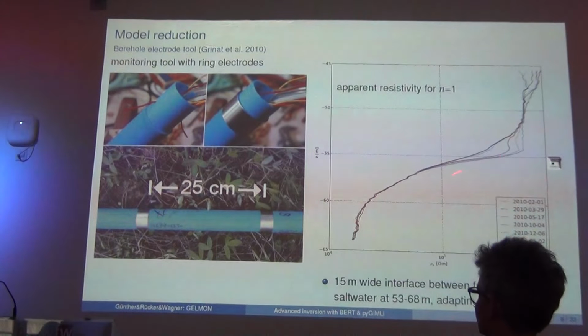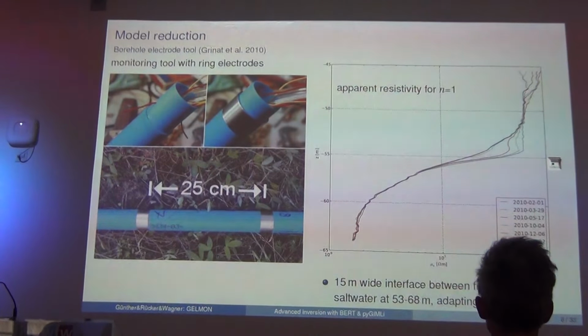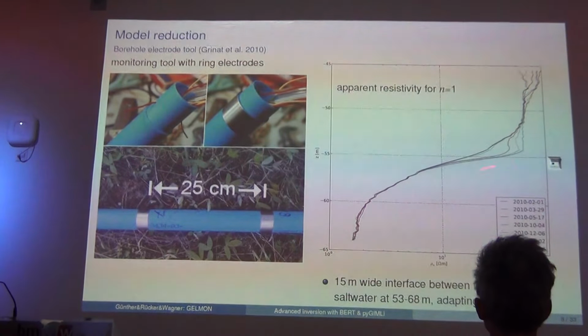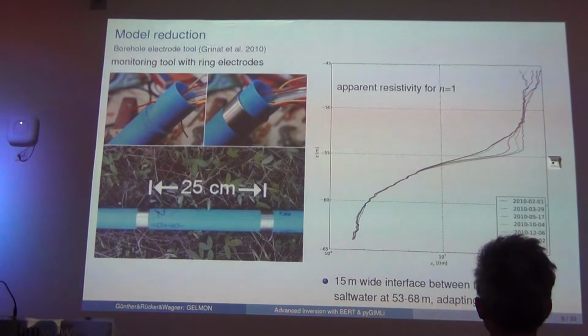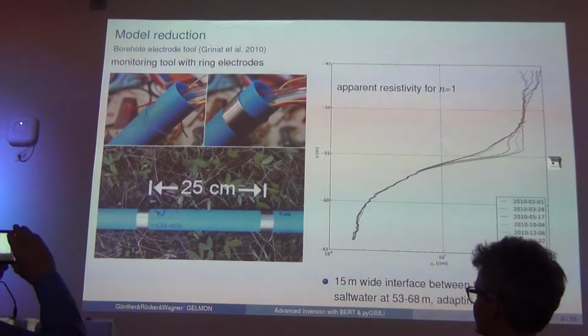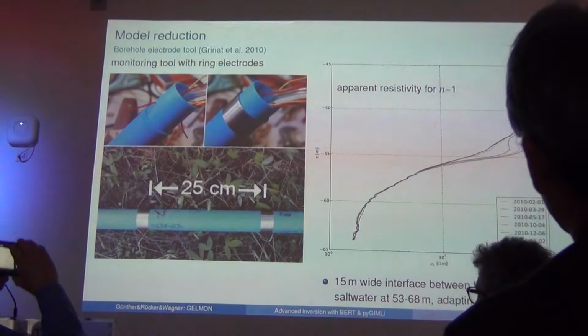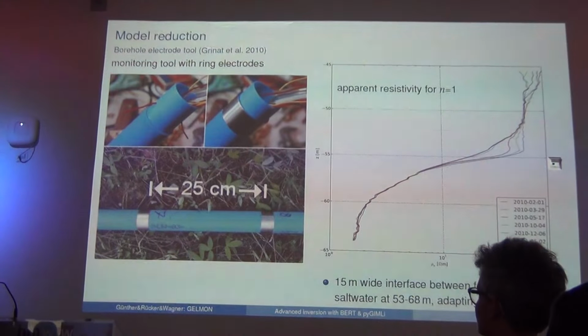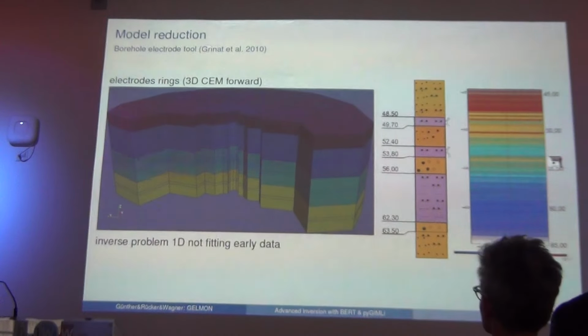If you see the apparent resistivity of the smallest Wagner array, we see the transition Michael was talking about, and this is changing. So the question is, do we have to wait 1 year until all the drilling and fluid effects are disappearing, or can we do it right from the very beginning?